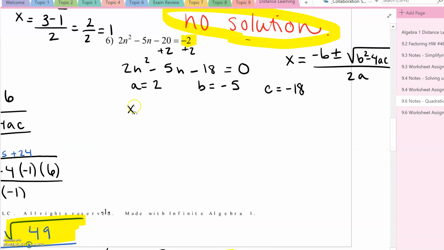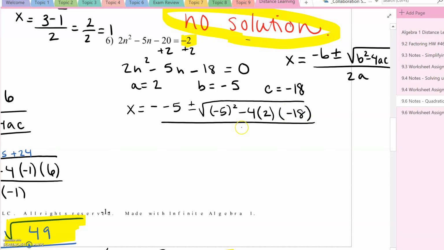Okay, plugging in, we get x equals negative 5, because b is negative 5, plus or minus the square root of b squared minus 4. Our a here is 2, that's a first. Our a is an actual number other than 1 or negative 1, over 2 times 2. Trying to simplify this, let's look at our square root first, just like we have been in all the other problems. So negative 5 squared, negative 5 times negative 5 is 25.